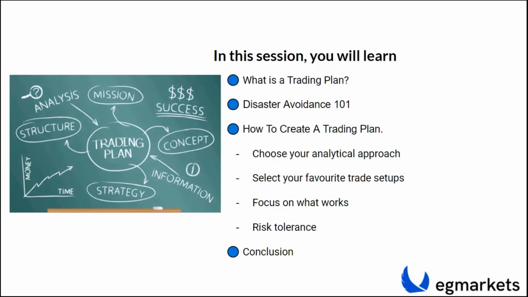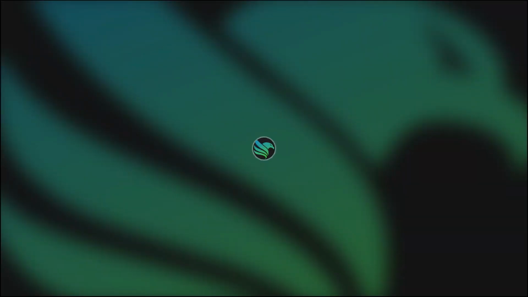You will think trading is not for you, but basically trading is for you. The only reason you lost money is because you did not have a trading plan. So a trading plan is a guide to avoiding disaster on your trading account, which basically protects you from losing your funds.